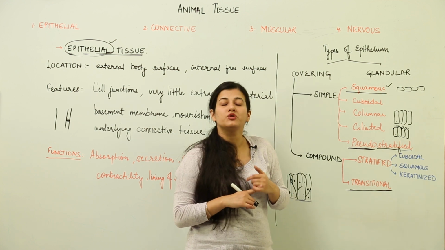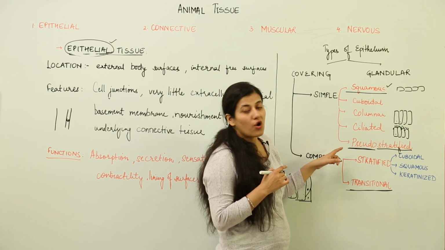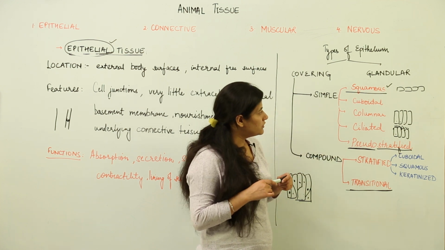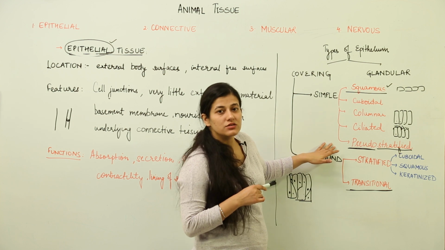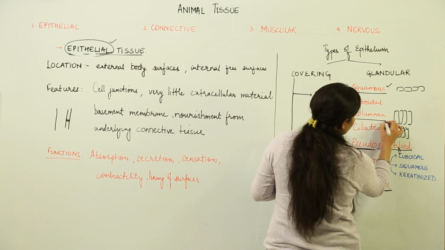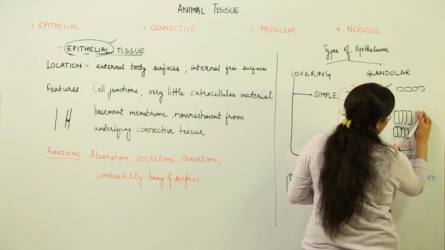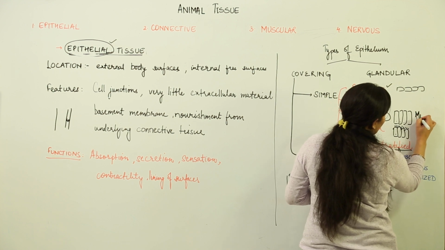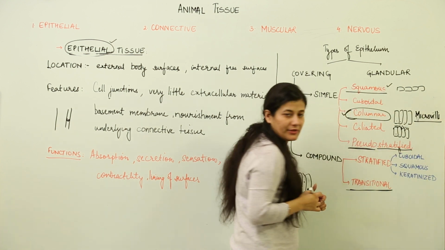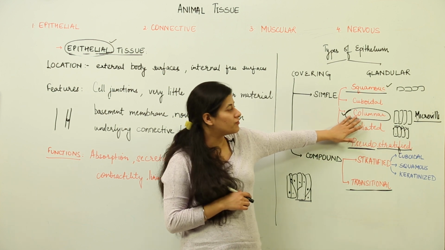To be precise, it would be the digestive lining and the excretory epithelium in the proximal convoluted tubule of the kidneys, the distal convoluted tubules of the kidney, and the small intestine, where you need to remember one thing: columnar simple epithelium is responsible for the formation of microvilli in the epithelium of the small intestine, which gives it an appearance of a brush border.